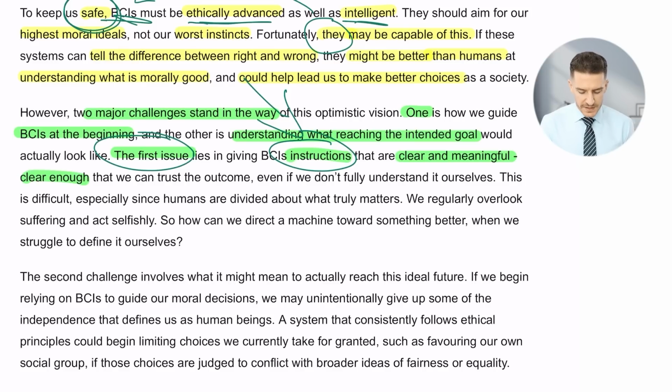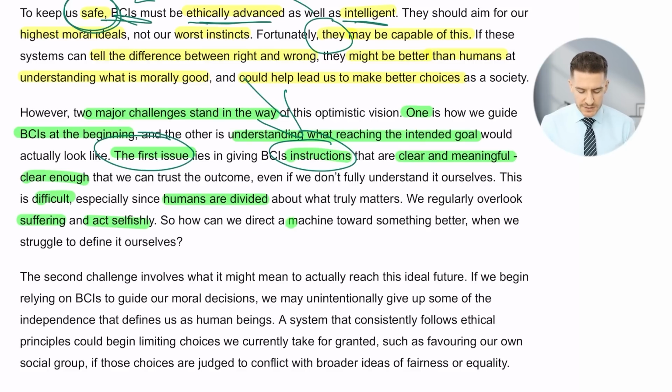Clear enough, even if we don't understand it ourselves. This is difficult, especially since humans are divided about what truly matters. If humans are divided about something, that means they don't agree on a certain issue or topic. We regularly overlook suffering and we act selfishly, so we think about ourselves only.